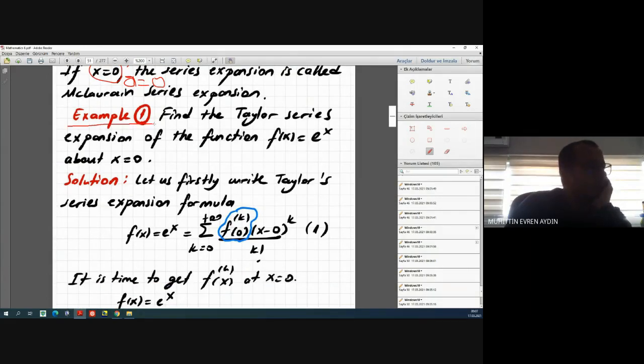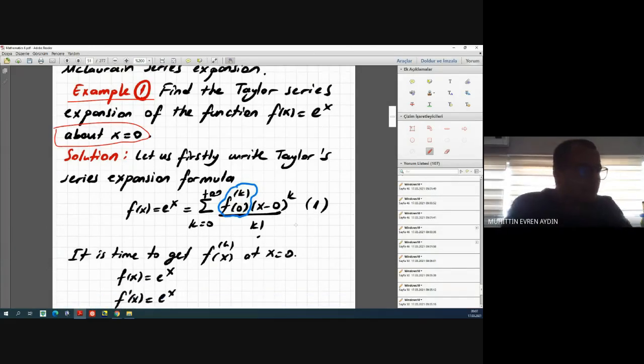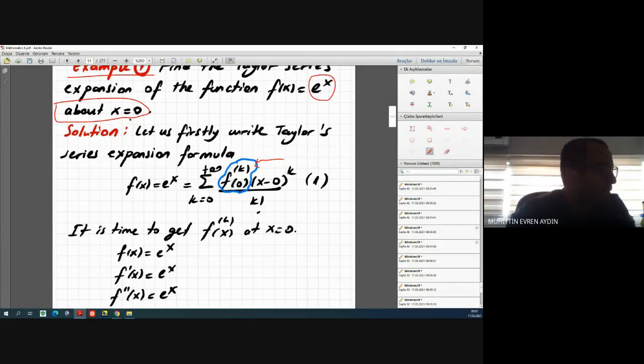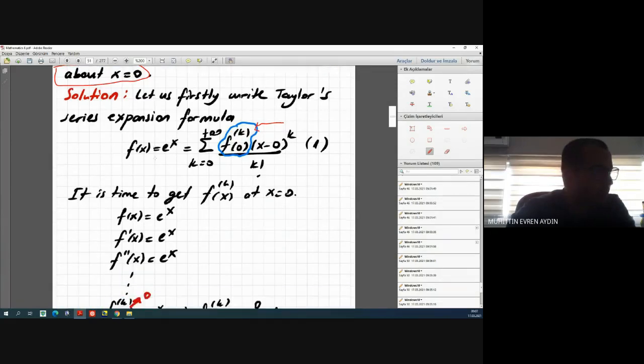We have an example. Find the Taylor series expansion of the function f of x equals e power x about x equals 0. So, as we pointed here in blue, we have to find higher order derivatives at the point x equals 0. As you can see, here is same, here is same, and the 0 was given in the problem.